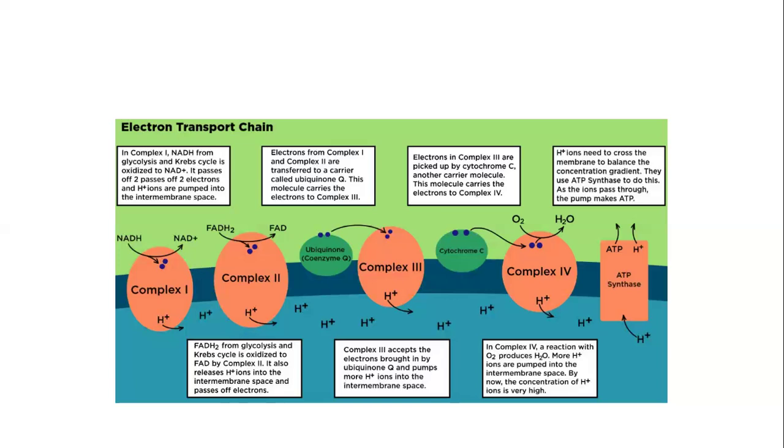So as you're moving your protons, you're going to have production of ATP. What basically happens is you have ADP coming in contact with an inorganic phosphate, then you make ATP.